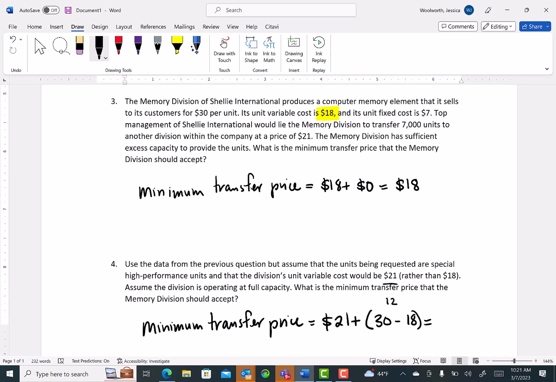So the 21 plus the 12 is $33. And in this case, since we have to give up making those units, the minimum transfer price should be $33, since we're taking into account our opportunity cost.